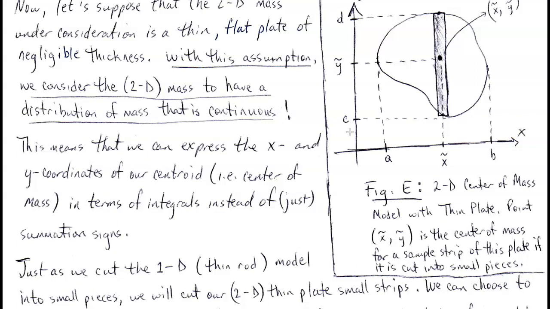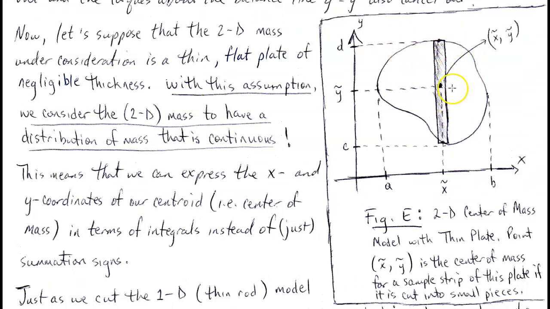So we're going to use a similar approach here. If we want to know the center of mass for the whole figure, and let's say I assume the center of mass for the entire figure is here, I'm going to call that X bar, Y bar. Then what we're going to do is take a sample of that 2D figure and find the center of mass for it.